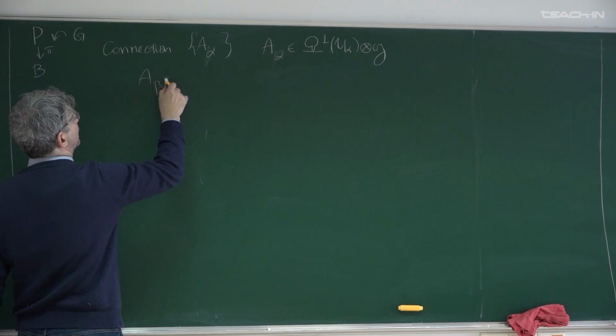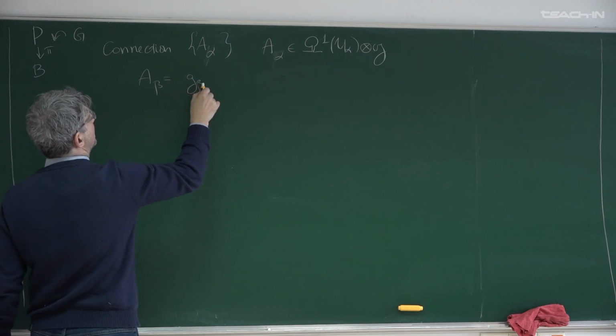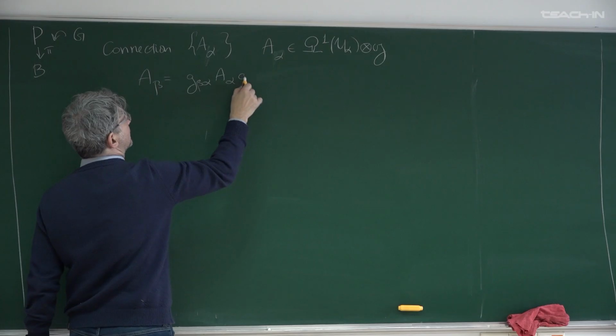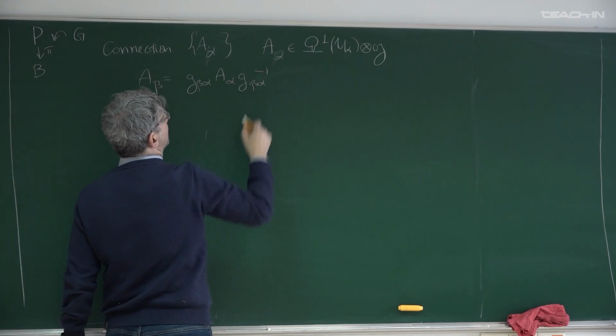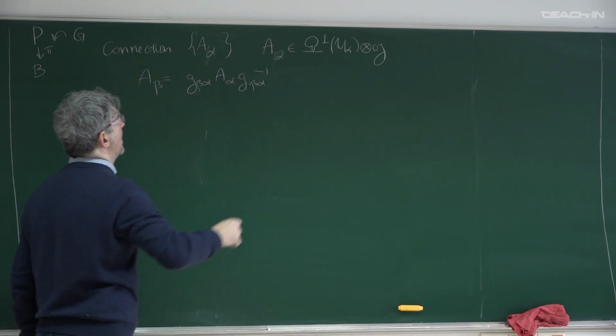A beta is equal to G beta alpha, A alpha, G beta alpha minus 1.